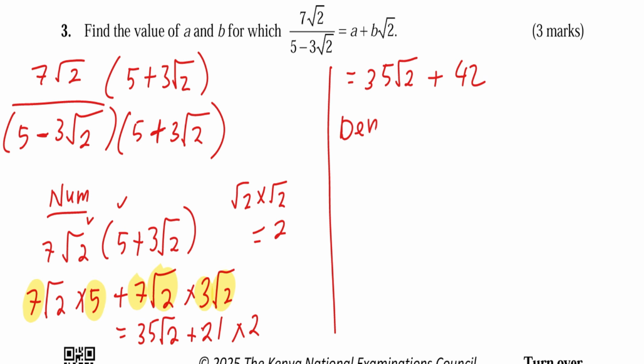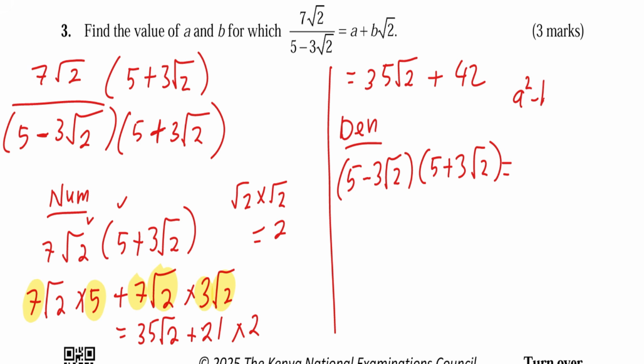Let's look at the denominator. The denominator is 5 minus 3 root 2 times 5 plus 3 root 2. Now the easiest way of opening this up is using the quadratic identity of a squared minus b squared.